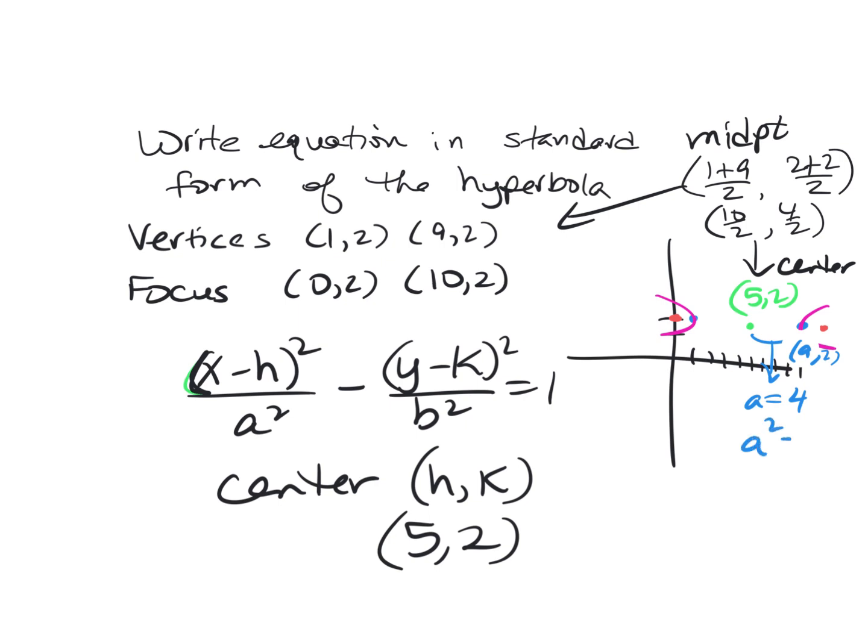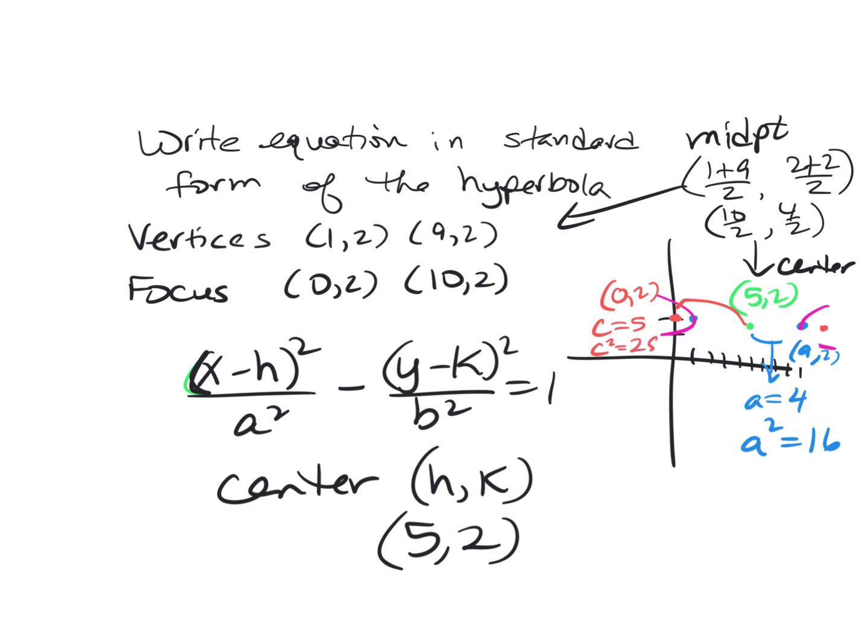So my a squared value is 16. My c value is the distance from the center to the focus. And you can see from 5, 2 to 0, 2, my c value is going to be 5. So c squared is 25.